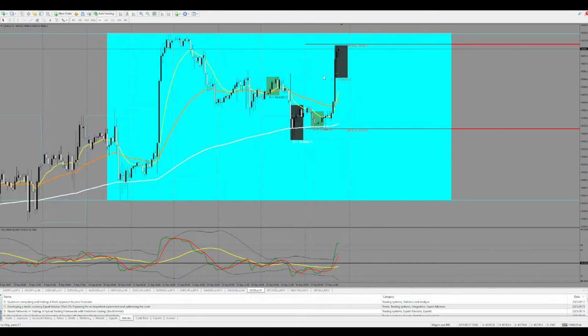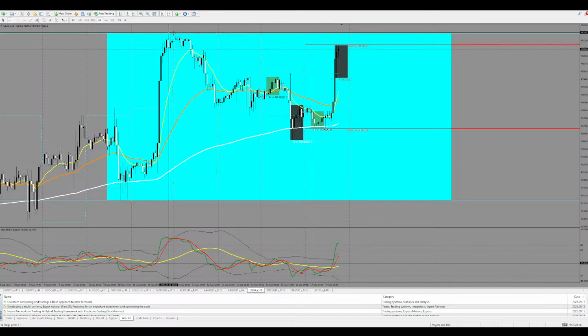Even better is if price breaks this roof right here, because it will mean that not only has price broken the structure on the internal order flow, price will have broken structure on the external order flow.